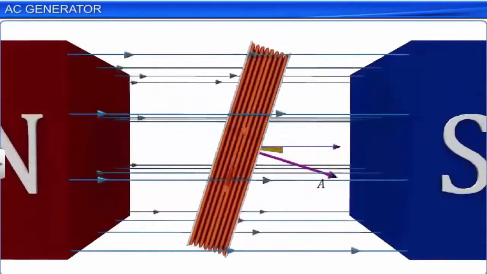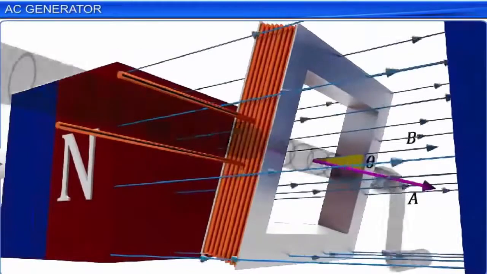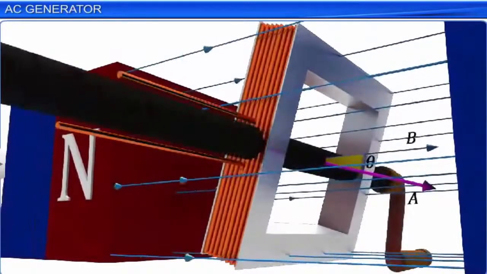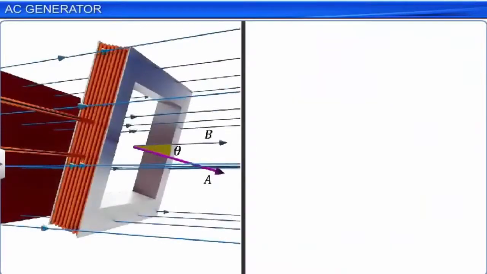Let theta be the angle between the area vector A and the magnetic field B at a given instant of time t. When the coil is rotated at a constant angular velocity omega, the value of theta at the instant of time t is given by the equation theta is equal to omega multiplied by time t.